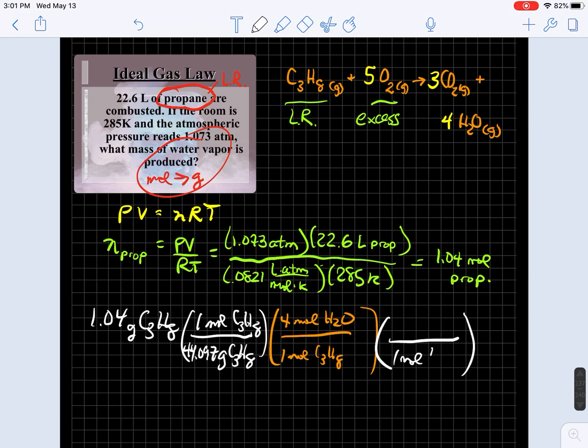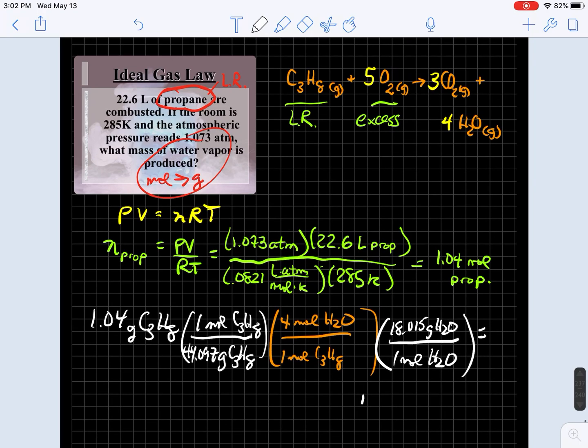So 1 mole of water, I look up hydrogen and oxygen, add them together, and now I can get my mass of water. 1.04 times 4 times 18.015 divided by 44.097. And I get 1.69948. Okay, so that's going to be 1.70 grams.